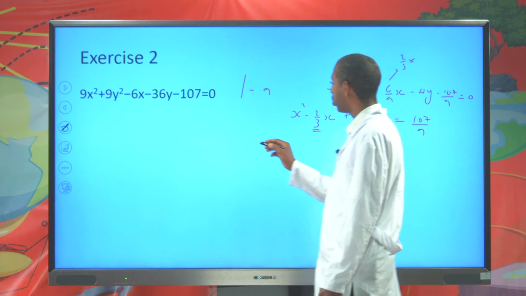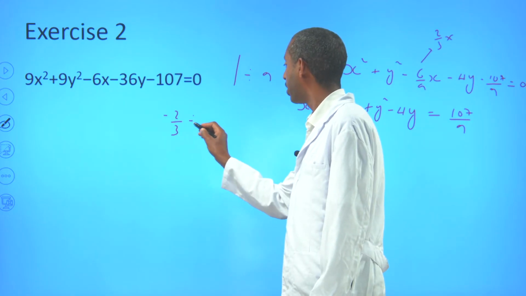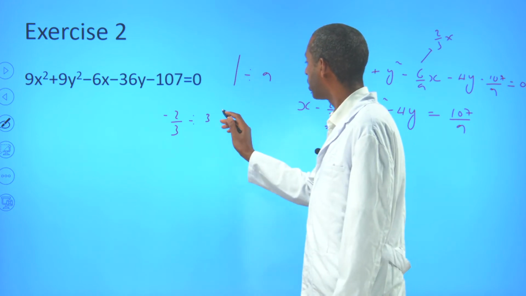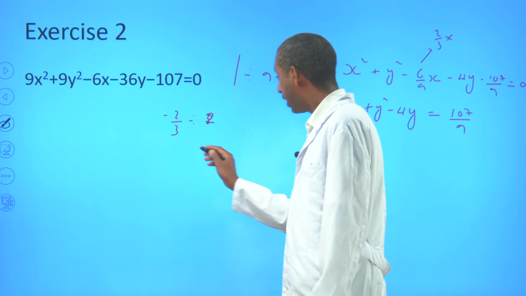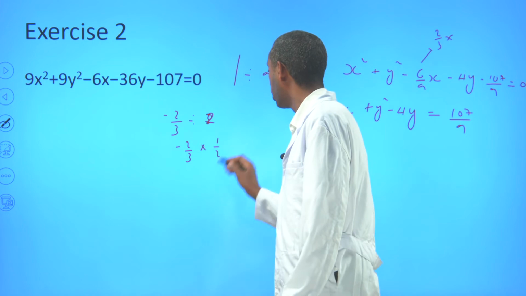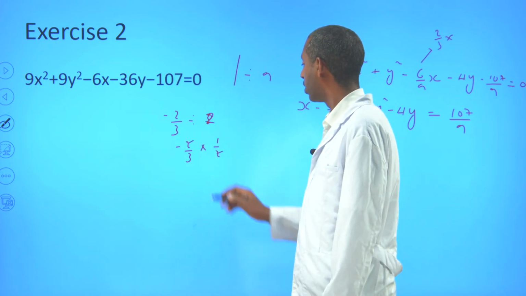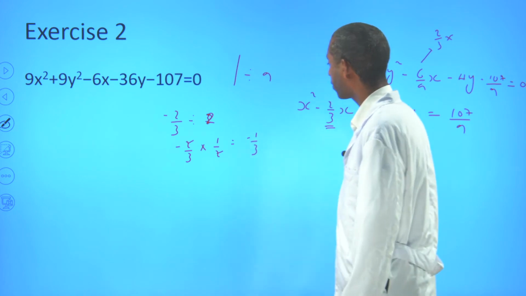So divide minus 2 over 3 by 2. I'm going to use the completing the square method. Let's divide this by 2, meaning we may multiply this by 1 over 2. Then this 2 will cancel out, and we get minus 1 over 3.